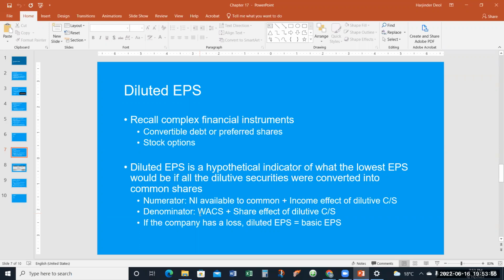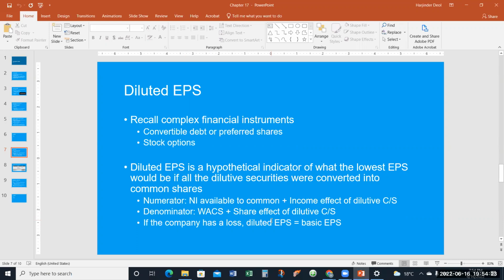Without complicating things, let me just say the company has a lot of stock options outstanding, which can result in an extra 100,000 shares being issued. So what's that going to do? The denominator will be the 100,000 weighted average common shares that we have right now, plus another 100,000 possibly coming from the stock options. So now you'll have a denominator of 200,000.